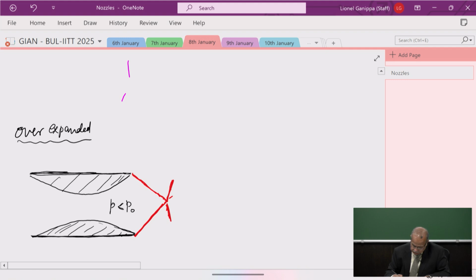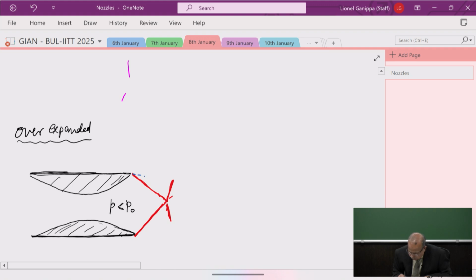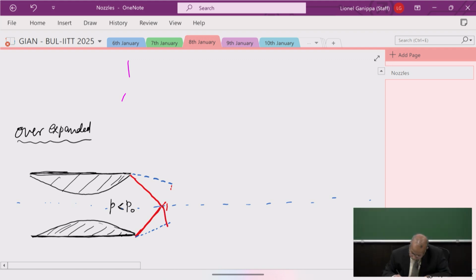But before that, what actually will happen is the flow will... can you see this one?